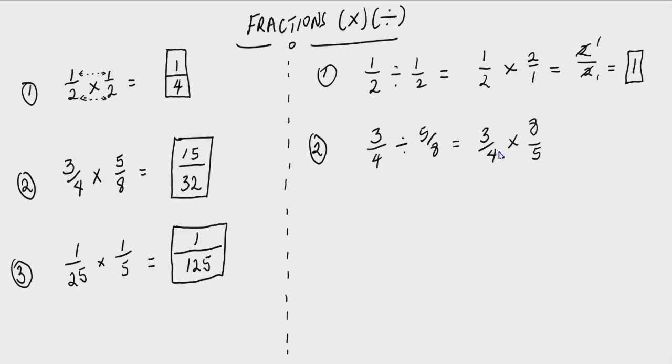So 4 here is 1, 4 here is 2. Now we have 3 times 2 in the numerator, which gives 6, and 1 times 5 in the denominator, which gives 5.